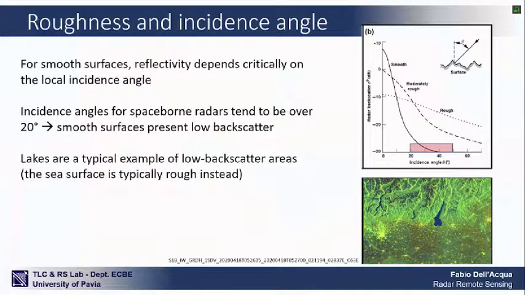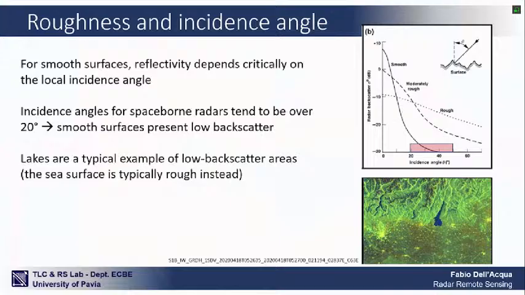In this range of incidence angles, roughness relates with backscatter. Since you're limiting the incidence angle to a narrow region, I cannot acquire like this, I cannot acquire like this. I would be acquiring most likely in an intermediate case, right?